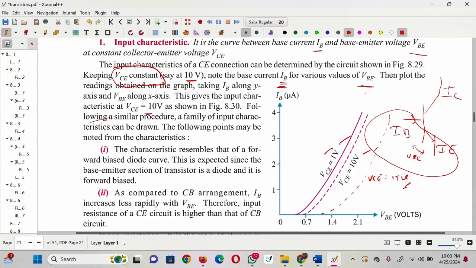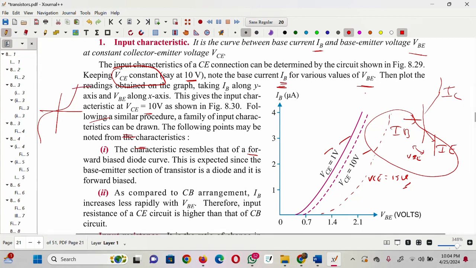We already did the same thing in the laboratory. The characteristics resemble the forward bias diode curve. If you know the diode characteristics, this is the forward bias and this is the reverse bias. So these curves look like the forward bias of a normal diode circuit, understand?